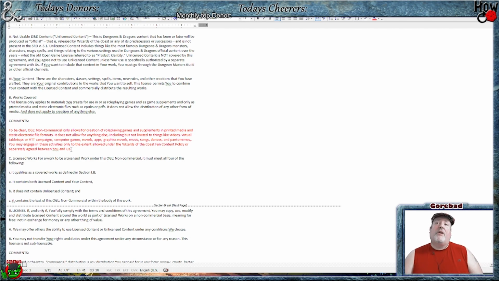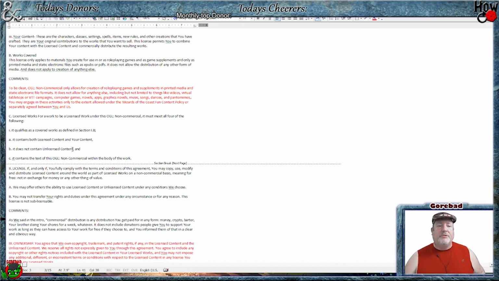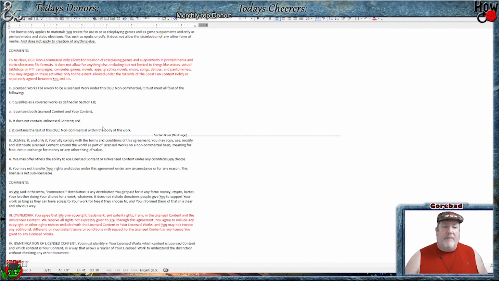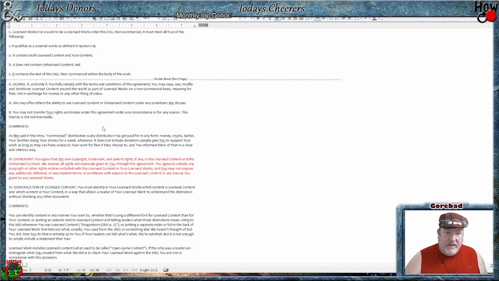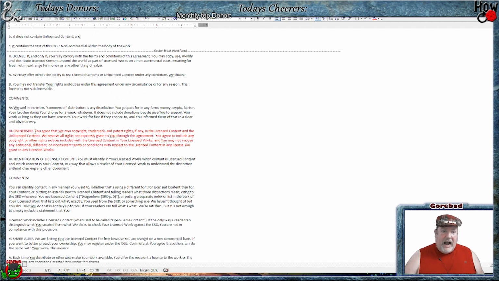So, if you are a third-party content provider, it suddenly really limits how you can put out that content and what type of content you can put out under the OGL. A lot of people were very upset about that. The next thing that really threw the fox in the hen house is: you agree that we own copyright, trademark, and patented rights, if any, in the licensed content and unlicensed content. We reserve all rights not expressly given to you through this agreement.